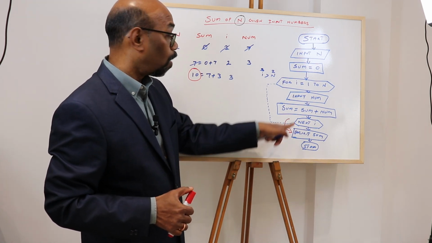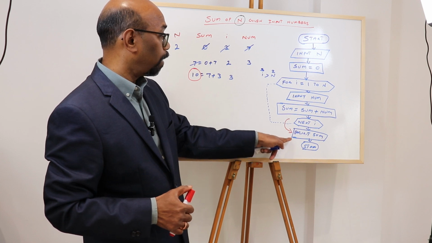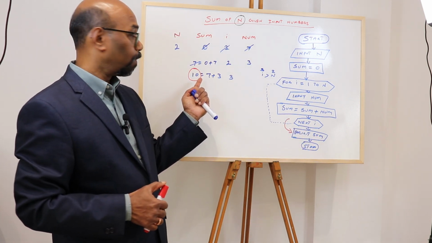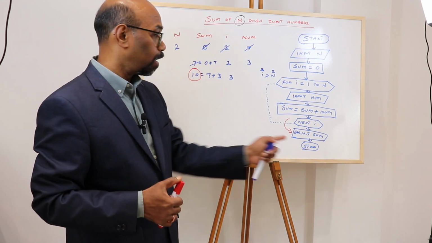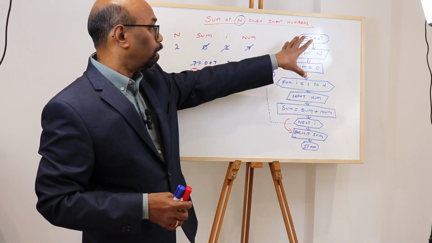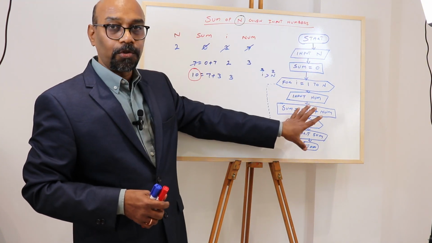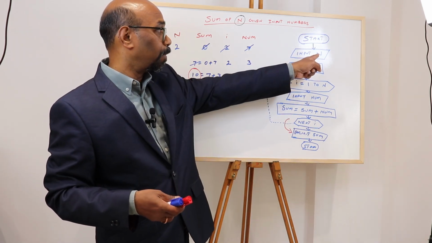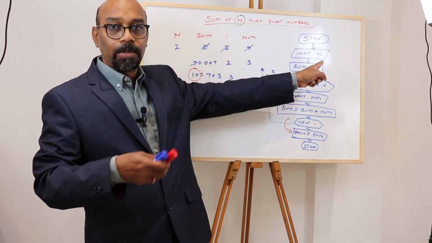So what we have out of the loop: print sum, the value is 10. So then 10 gets printed, stop. Okay, so this is a very common generic flow chart which accepts any number of numbers, but you have to tell the computer how many numbers you are going to add.